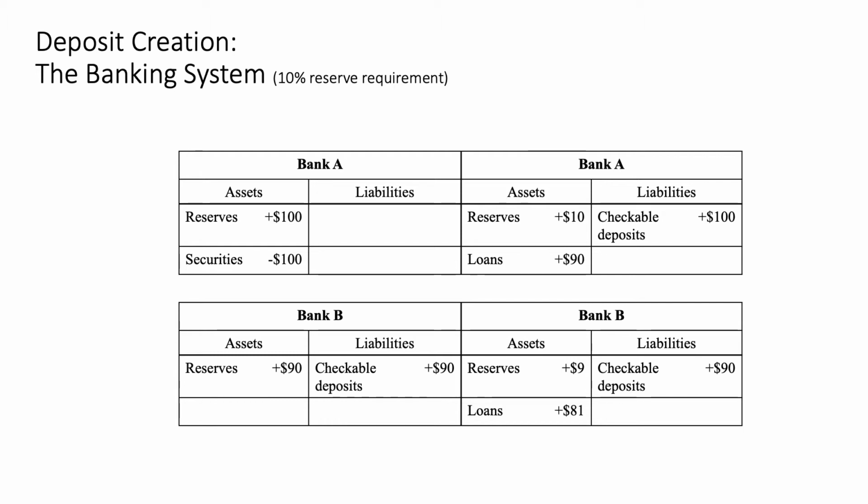So the issue here is that the bank has to remain not only solvent, which is that their assets match their liabilities. They've got a loan for $100 and a liability on a checkable deposit of $100. But the bank also has to remain liquid, if you will, right? So if the person who now holds the checkable deposit of $100 normally just comes in and takes out $1 a day in order to buy, say, a cup of coffee, then the bank, well, it's solvent because assets match liabilities, but is it liquid?